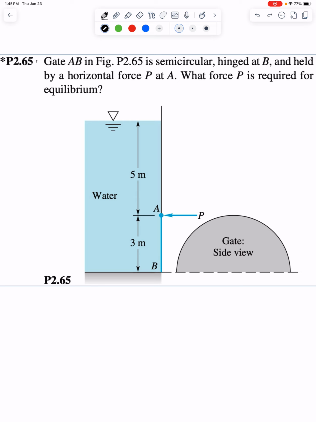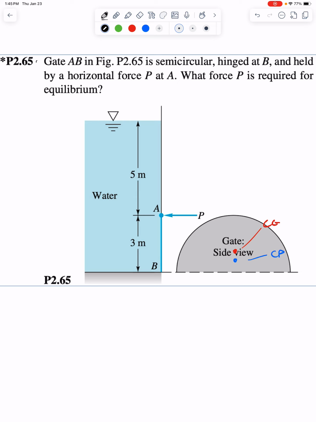So before we start, I just want to point out some things. Obviously the gate has a centroid, which is slightly lower than half the radius, somewhere near the center of the circle, sorry. And then we also have a center of pressure term. That's slightly below that as well.